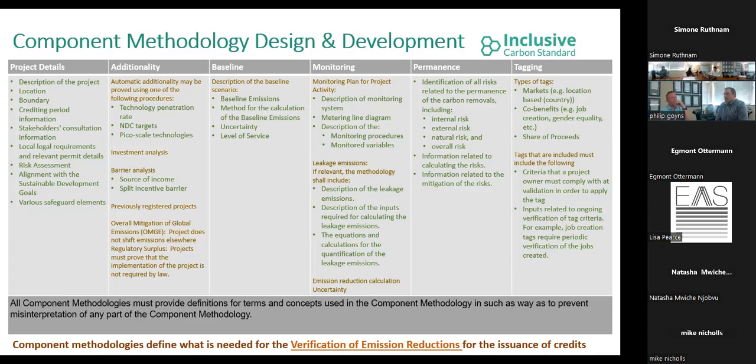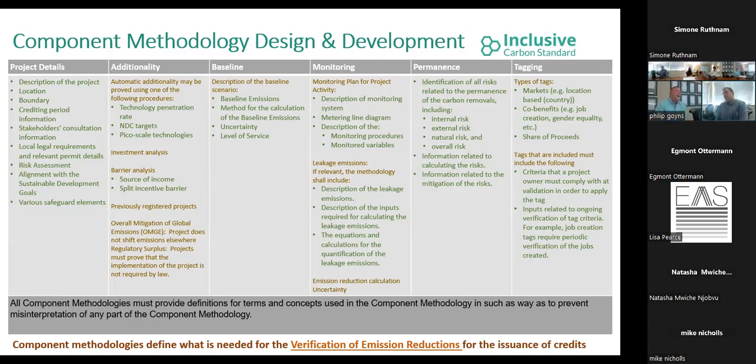what can happen. The order in which you do these things, if you're concerned about additionality, are you able to go to the committee and deal with that before you continue with the rest of the study, which could be quite intense? Yes, the main thing when you're developing your component methodology is that you don't necessarily have a project yet. What you're doing is showing by concept how the additionality would be evaluated and the information that would be needed.